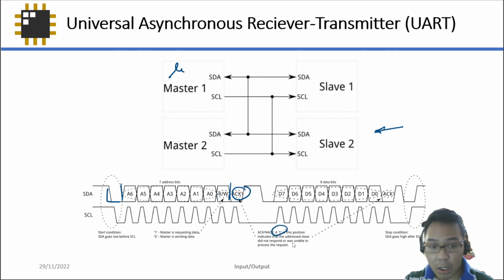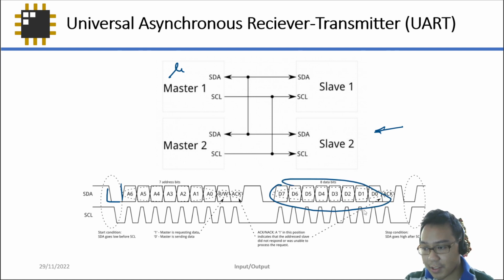A 1 in this position indicates that the addressed slave was not able to respond to the request, which means the slave was probably missing. After the slave knows that it is the one being communicated to, it is the only one that listens to the next few bits.